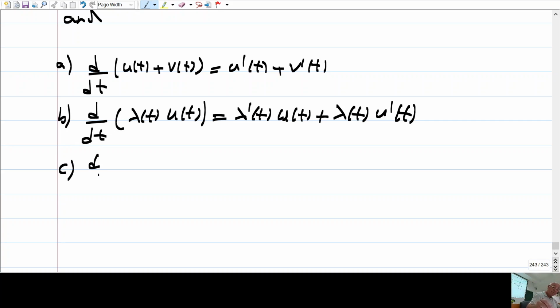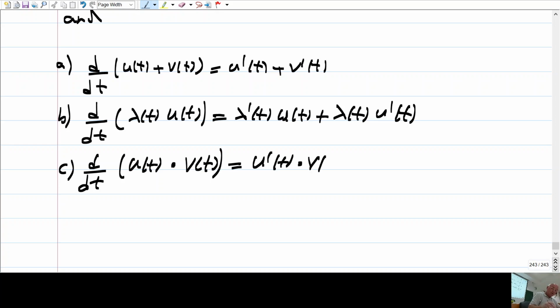And we have Leibniz rule for scalar product also. If you take scalar product of two functions multiplied, then the derivative of this is again given by the Leibniz rule. First derivative of the first function, and then scalar product with the second one, and then plus the first function times the scalar product with the derivative of the second one.